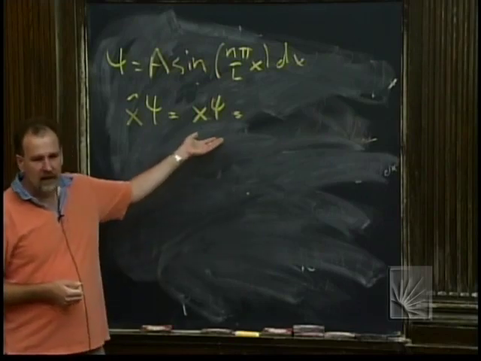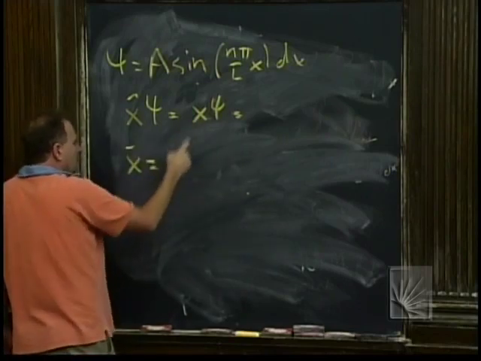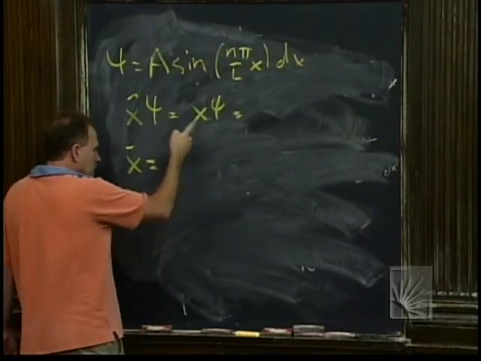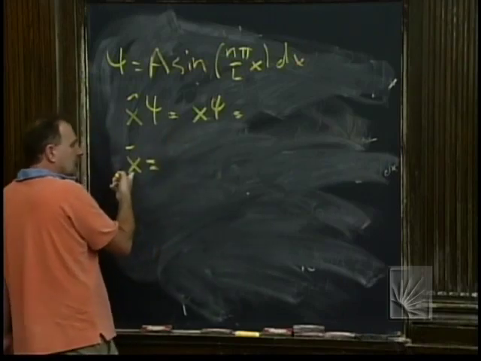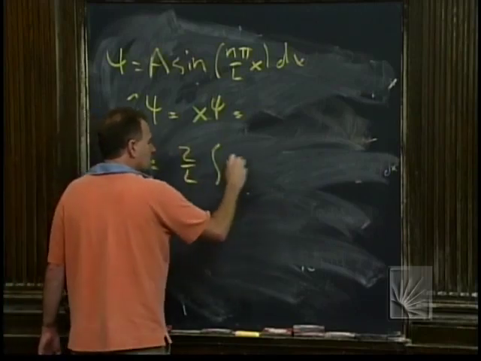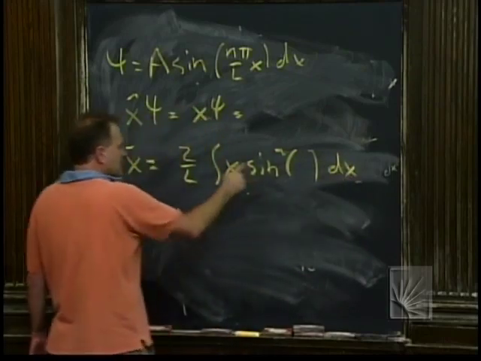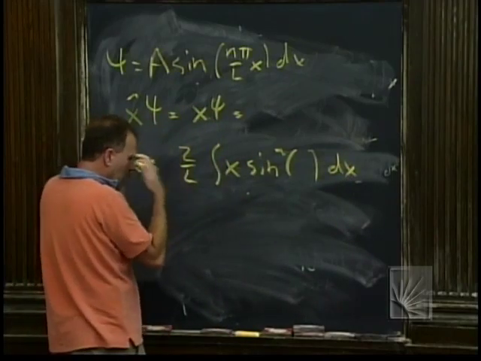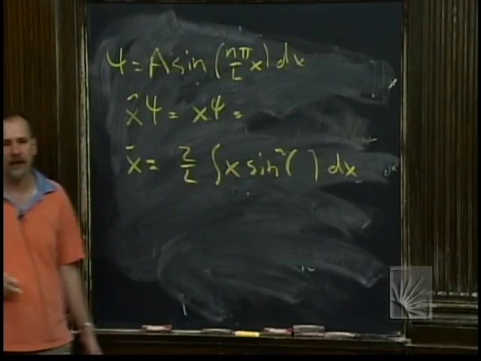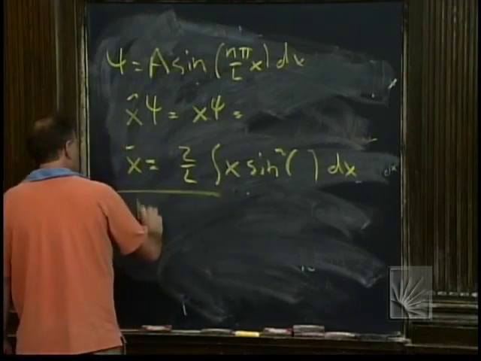That's not a number, and that's the end of the story. But just to make it more explicit, if I ask what's the expectation value, it's 2 over L, and I have to do this integral I did before. And that's the whole integral. If it were an eigenfunction, this thing would have just come outside of the integral.